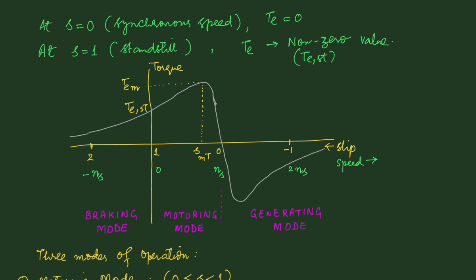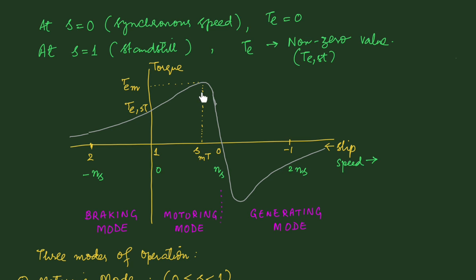Similarly, on this side, if the motor is rotated in the opposite direction of the rotating magnetic field, we see that the speed will be negative, and the slip will be greater than 1, corresponding to a slip of 2. Therefore, the speed is minus ns.